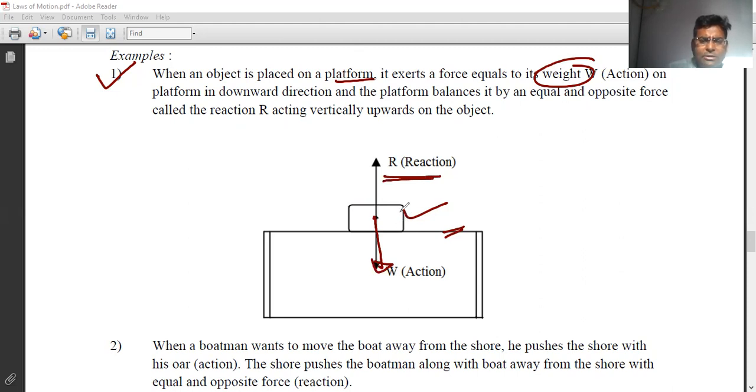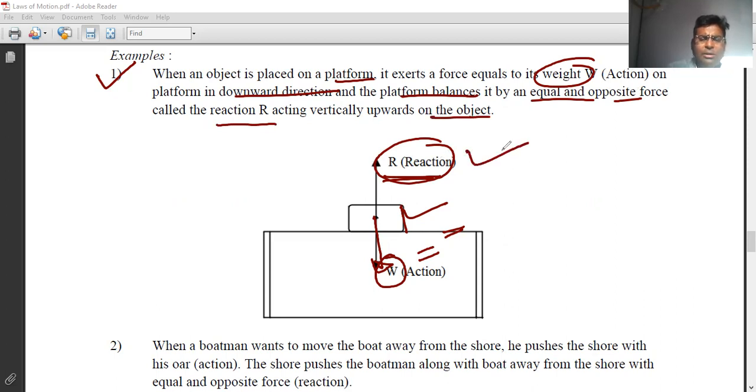So this object exerts this amount of force in the downward direction. This platform also exerts the same amount of force in the upward direction, but opposite in direction. So the object acts downward and the platform balances it by an equal and opposite force called reaction force acting vertically upward.